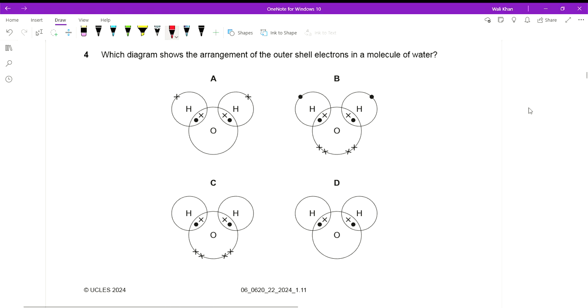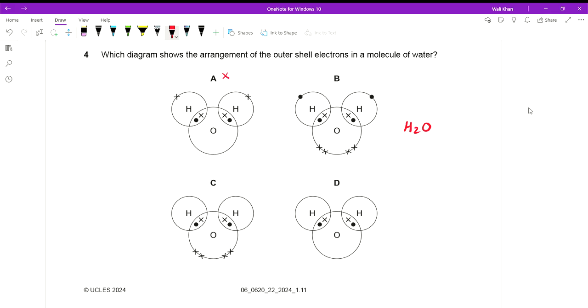Question number 4. Which diagram shows the arrangement of the outer shell electron in a molecule of water? So it is the chemical formula of water, H2O. 1 oxygen molecule shares electrons with the 2 hydrogen molecules. Okay. So if you look at all these 4 pictures, A is not correct because there is no outer shell electron showing.